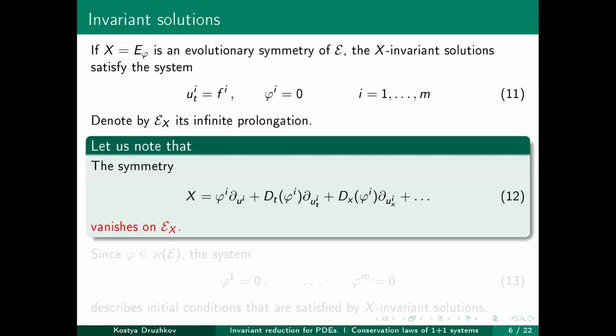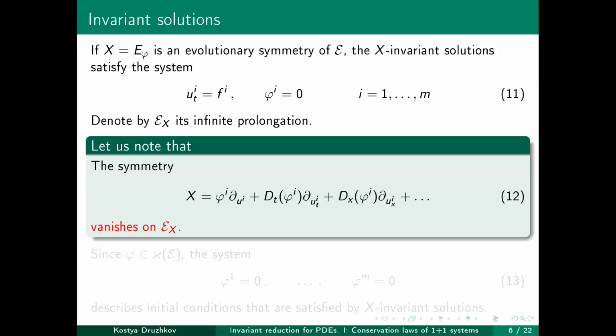I'm going to tell you about the reduction mechanism, and it is based on the following observation. Let us note that the symmetry x vanishes on epsilon x. Indeed, all its components are just components of the characteristic or total derivatives of the components of this characteristic. And it's easy to see that each component of the symmetry x vanishes on the system epsilon x.